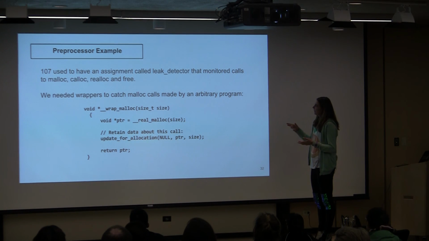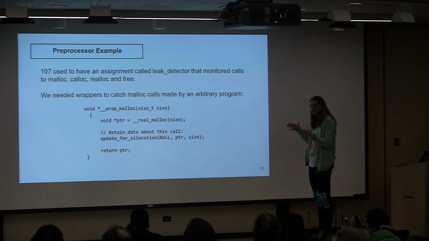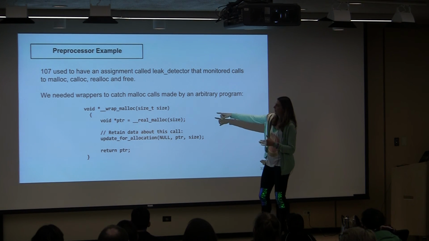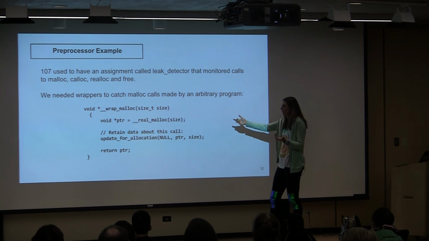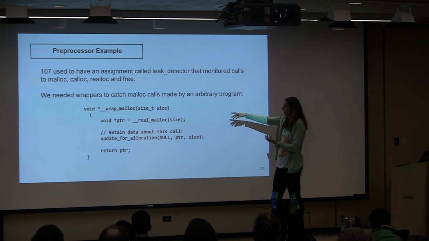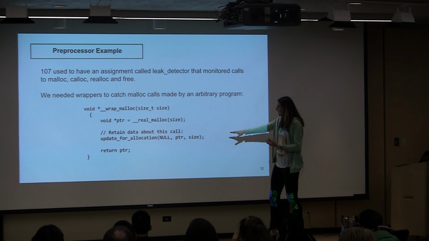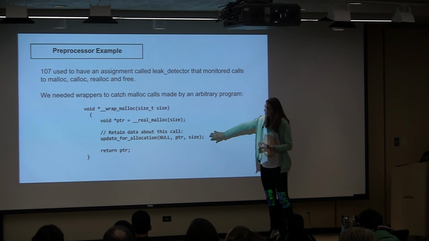So this required a wrapper. We needed some way to monitor calls to malloc while still performing correctly. So here's a wrapper that, externally, is just like malloc, right? It takes in a size and it returns a pointer to heap memory. But here's the function that monitors what just happened.